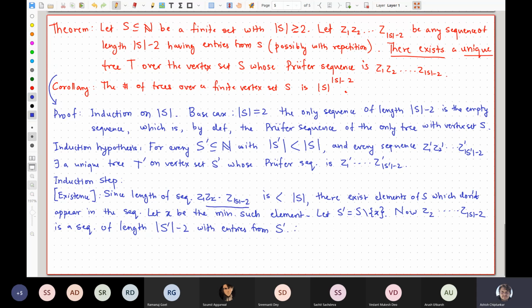Therefore by induction hypothesis, there exists a unique tree T prime whose Prufer sequence is this Z2 to Z size of S minus 2.